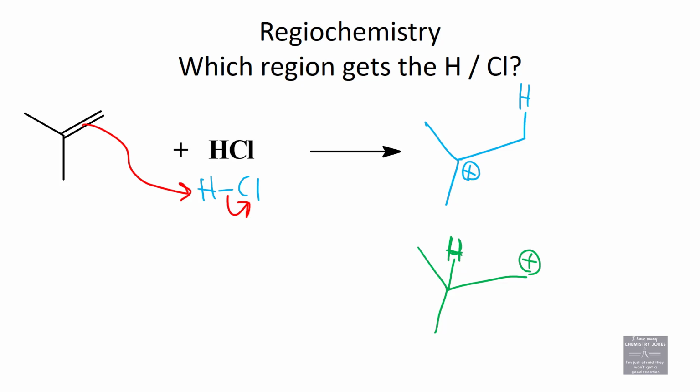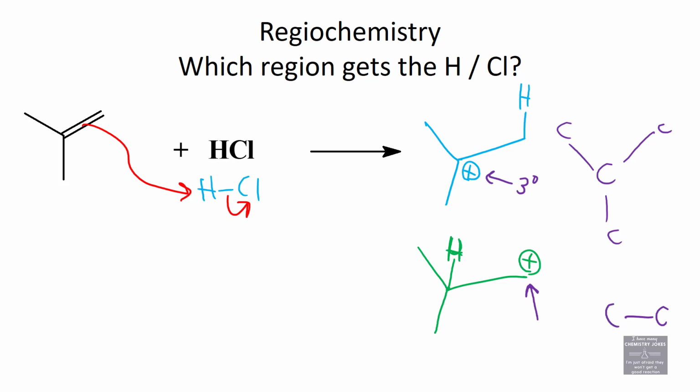How do I know? If we go through and classify the type of carbocation we have here, this blue carbocation is a carbon connected to 3 other carbons. What kind of carbon is that? It's a tertiary carbon, therefore that's a tertiary carbocation.